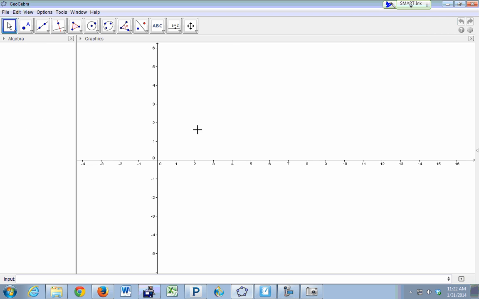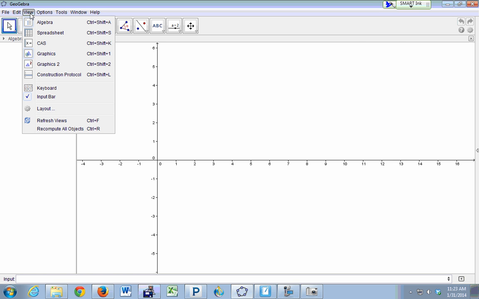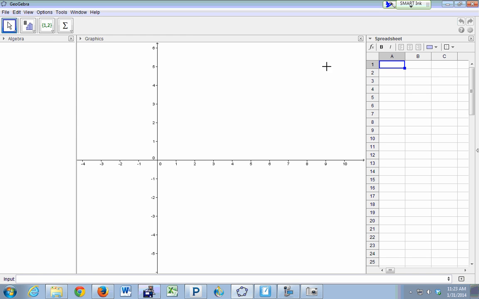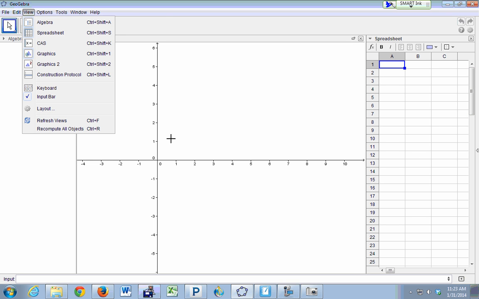Then you have your graphics view, which is your graph. And then you have a spreadsheet. If you've never used a spreadsheet or Excel, I can show you a couple of things that will make life really very simple for you. But the spreadsheet doesn't appear when you open it up. You have to go up to the View menu, click it, and choose Spreadsheet, and then your spreadsheet comes here. So that's up in the View menu if you want to get all 3 of these.